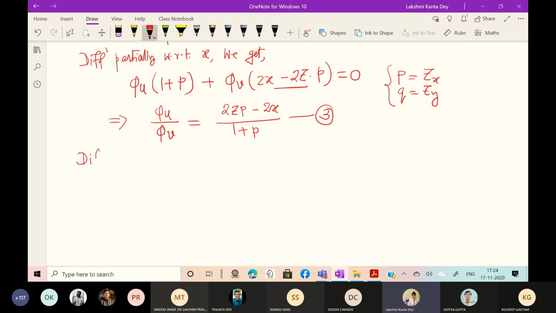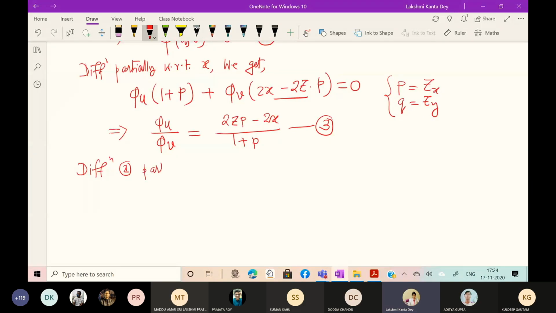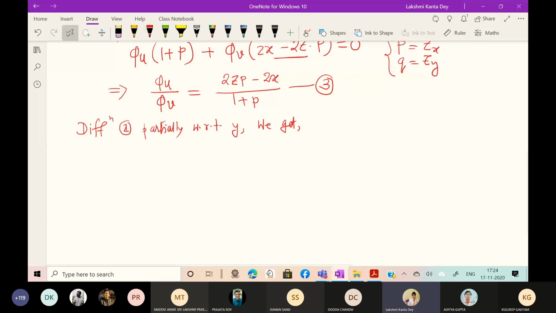If we differentiate relation 2 partially with respect to y, we get phi u into (1 plus q) plus phi v into (2y minus 2z into q) equal to 0.